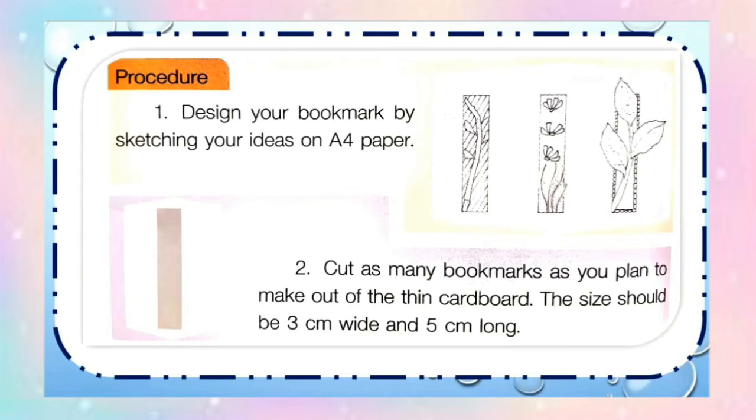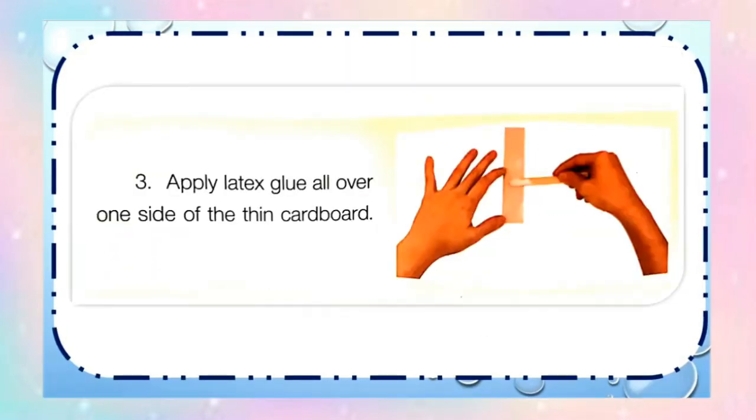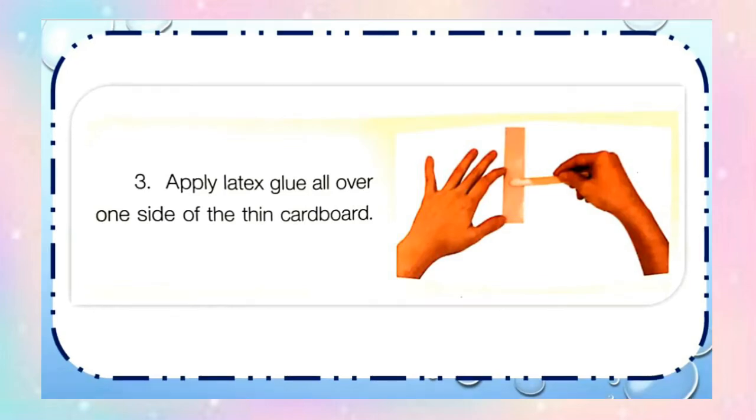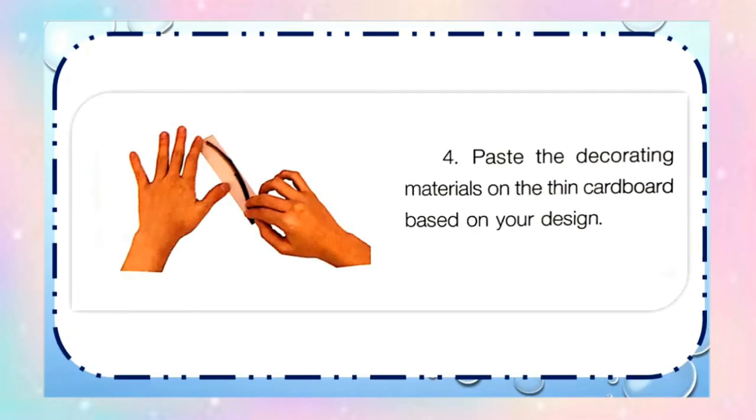Okay, next, number 3, apply latex glue all over one side of the thin cardboard. Next, paste the decorating materials on the thin cardboard based on your design. So, as I've said, you can use the one here in the picture, the dried twigs, or you can put leaves, or seeds, or ribbons, or anything that you want to put there.